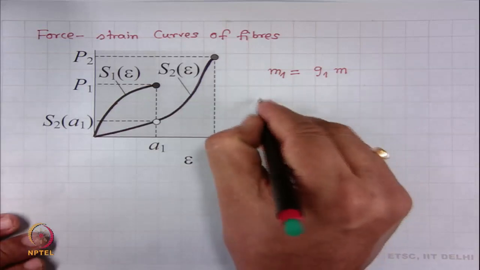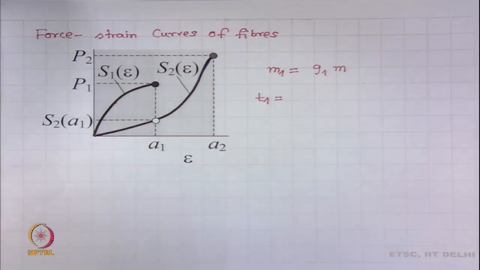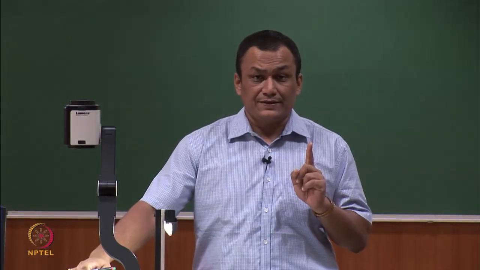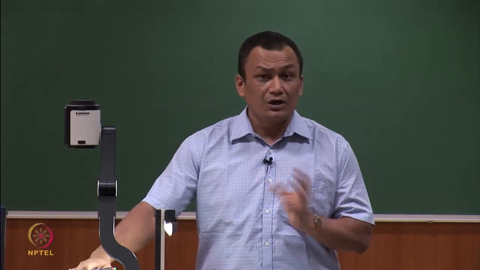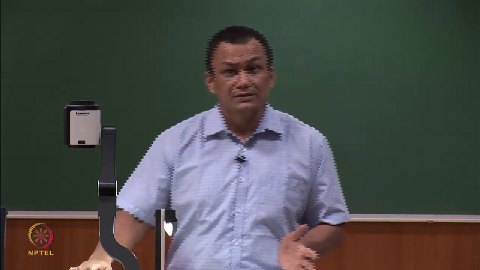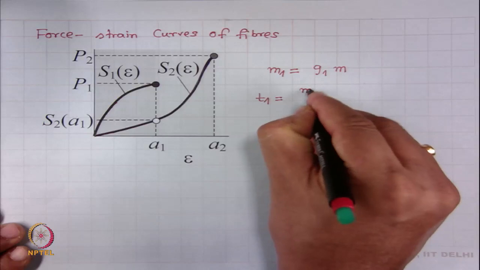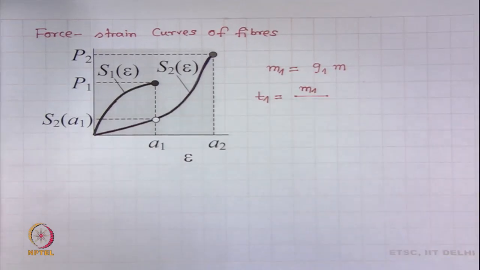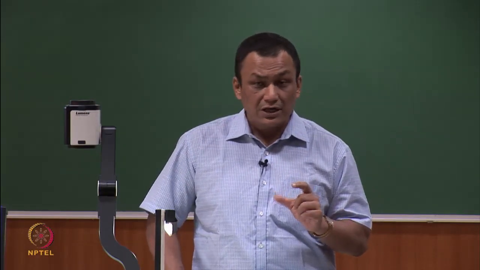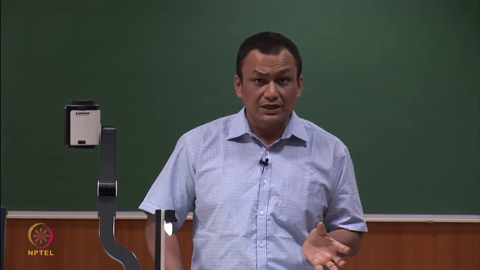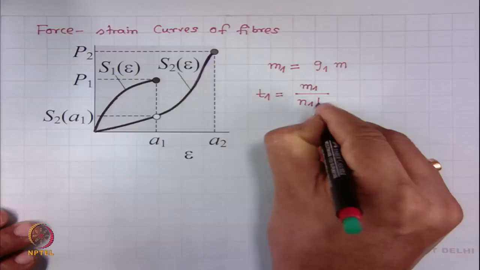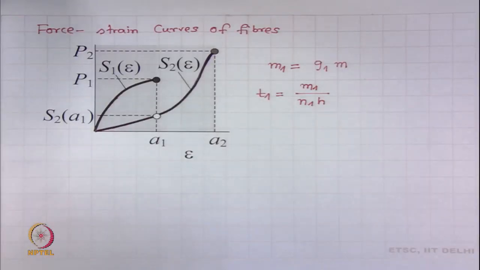What is the fineness of type 1 fiber? Single fiber fineness. It is the mass of all type 1 fibers divided by the length of all type 1 fibers. So, the mass of all type 1 fibers is M1, divided by the length of all type 1 fibers. What is the length of one fiber? Small h. How many fibers are present? N1. So, what is the total length? N1 into h. Right.